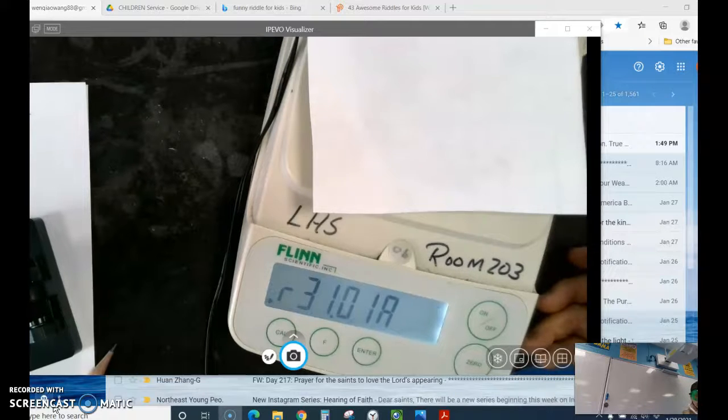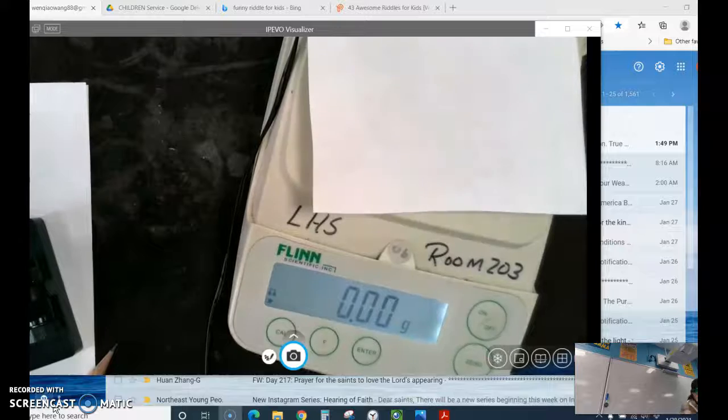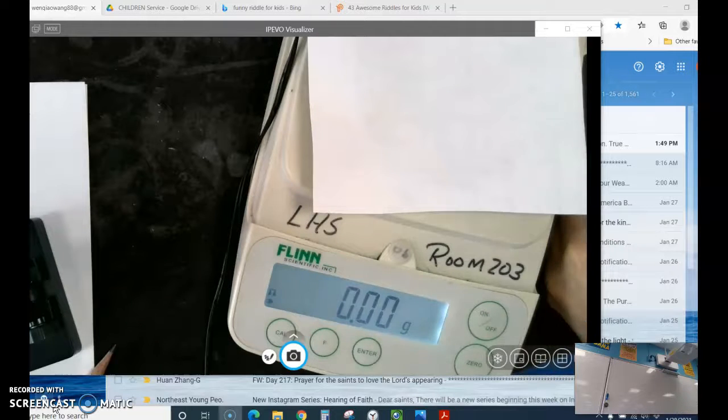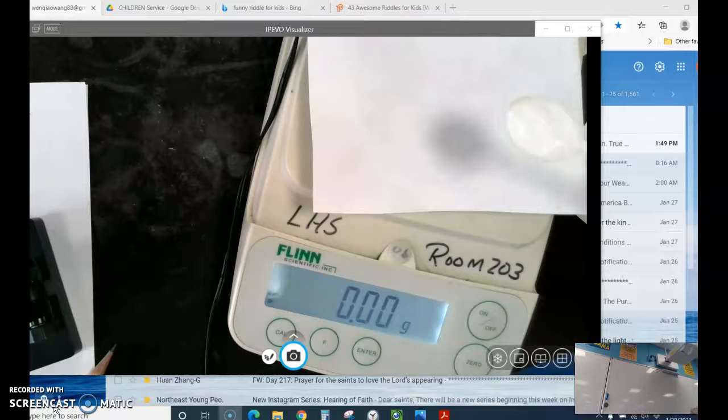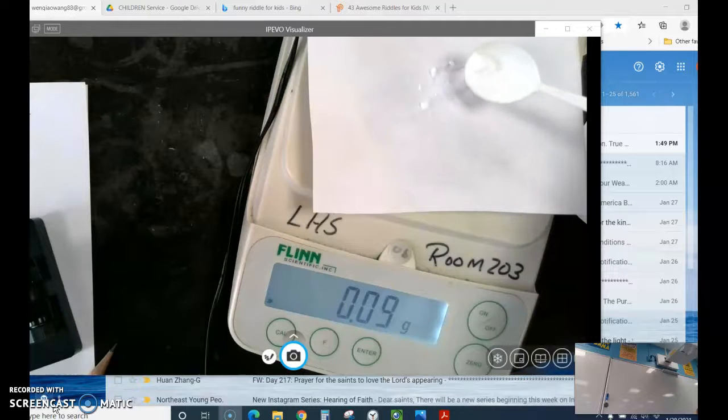And then, so right now it balanced by itself. Make sure they are zeroed. Okay. And then I'm going to add 1 gram. This is one of the variations I have decided to use. So 0, and then carefully put in 1 gram.